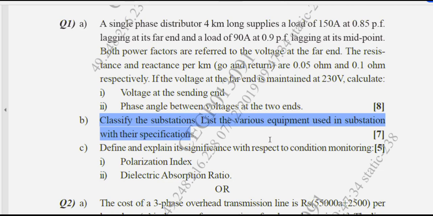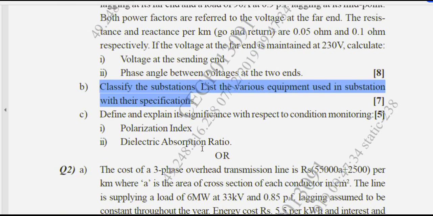Whenever you are giving the list, if possible try to write the explanation or the definition also while writing the answer, so you have to write the various equipment here.